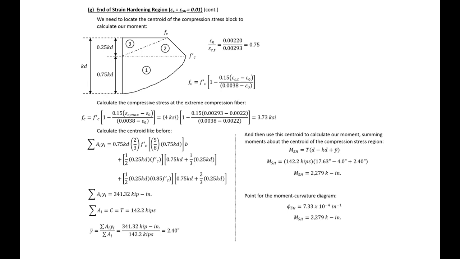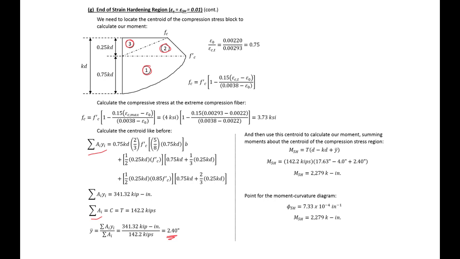To find our moments, we again need to locate the centroid of our compression stress region. So we can do that by, again, breaking our stress region into three different components, summing our A times y components and summing our A components. And doing this, we'll get the centroid of our stress region to be 2.4 inches up from the neutral axis.